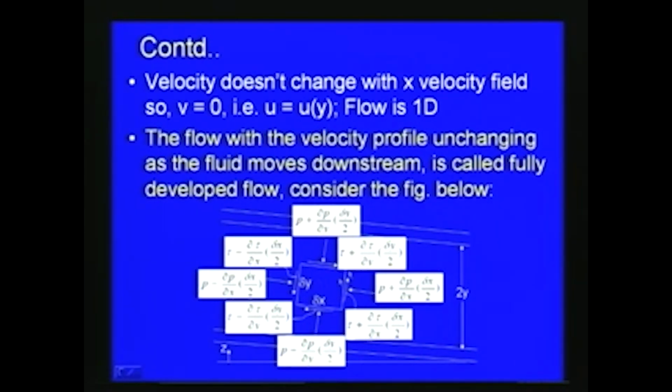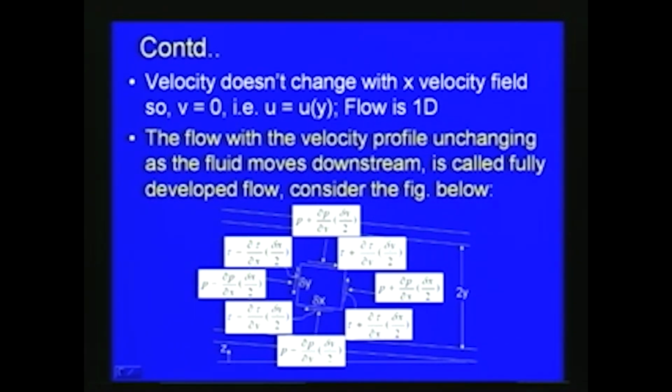These are the pressure forces acting on this fluid mass, and then the shear forces. Due to the shear stress, we can write correspondingly, on this face, the shear stress tau minus del tau by del x into delta x by 2, and on this face, tau plus del tau by del x into delta x by 2.